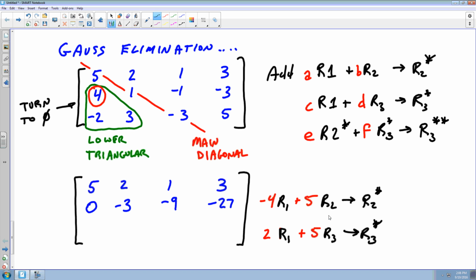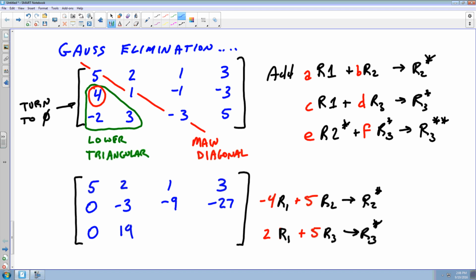2 times 5 is 10, plus 5 times minus 2 is minus 10, so 10 minus 10, 0. Good. Now do the rest of them. 2 times 2 is 4, plus 5 times 3 is 15. 4 plus 15 is 19, I believe. Right? That looks right.